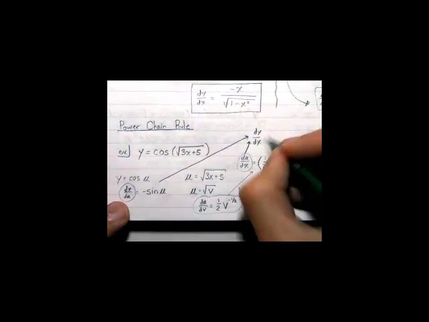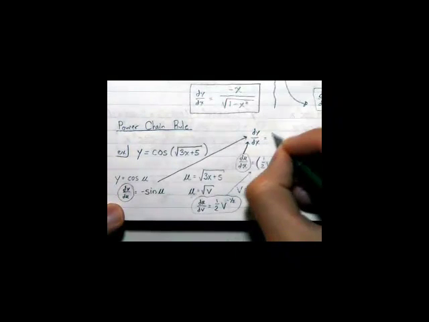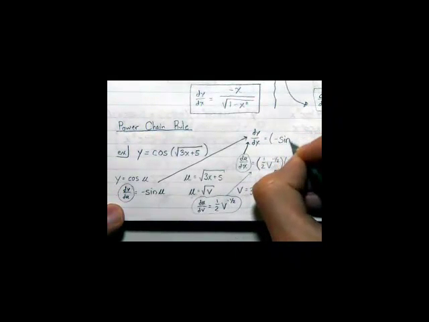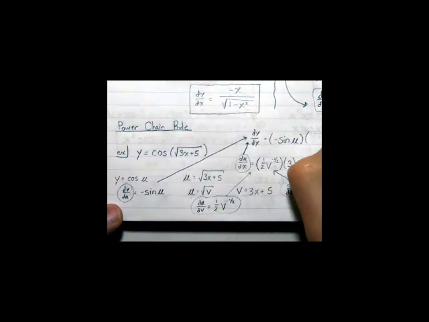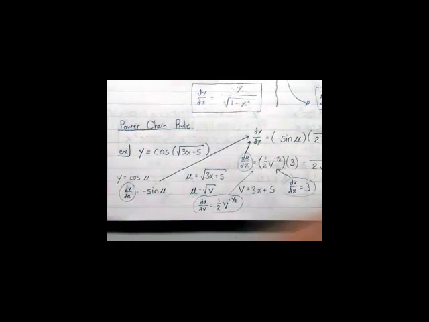And so for that one, I've got negative sine u, and then all of this garbage I just came up with. Okay, so those two multiplied together give me my dy dx, right? Because dy du and du dx come together to make the dy dx.